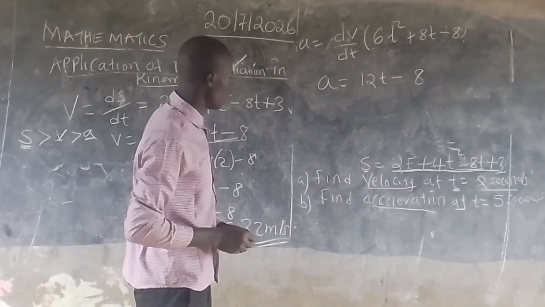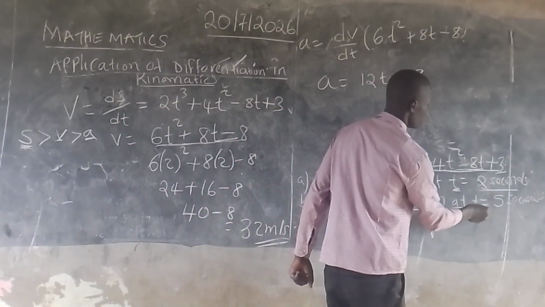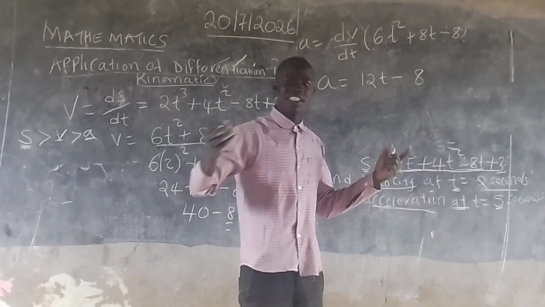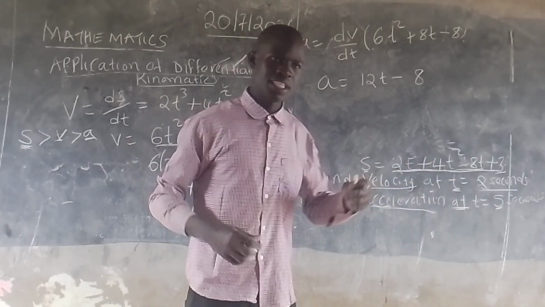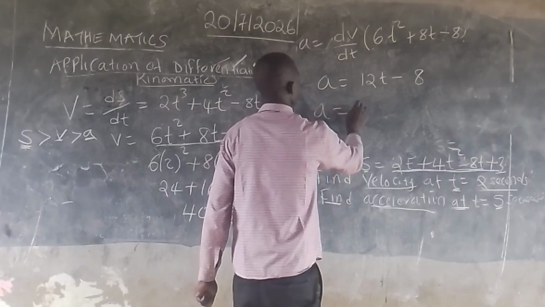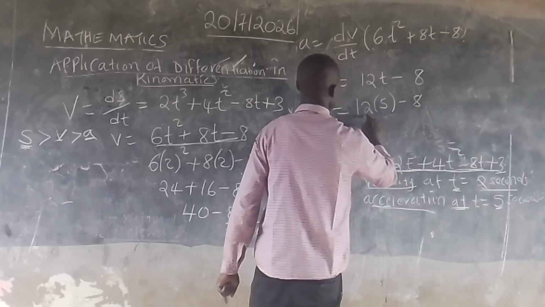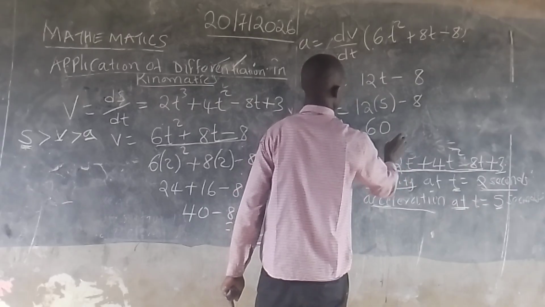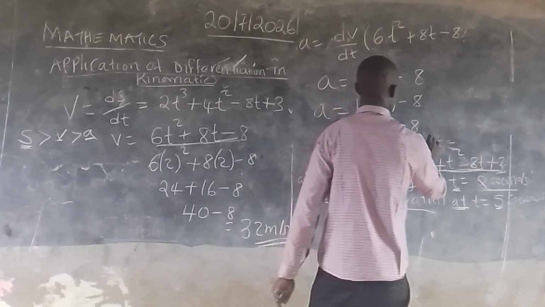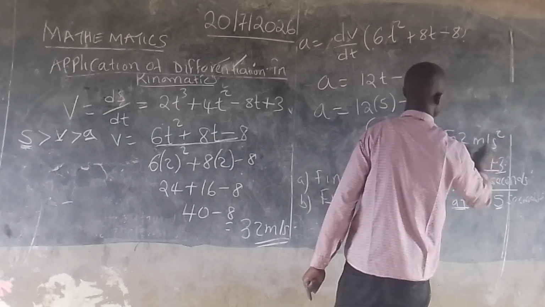That is our acceleration equation. The question says find acceleration at time equal to 5. Where we have t, let us replace with 5. So acceleration equals 12 times 5 plus 8. This gives you 60 plus 8, you get 68 meters per second squared.